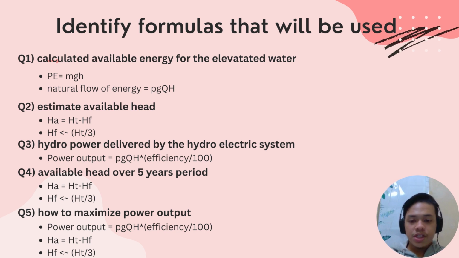So moving on to question 4. It wants us to find available head over a 5 year period if the height is decreased 1 meter per year. The formula that we will use is exactly the same as in question 2, which is HA equals HT minus HF, and HF is approximately lower than HT over 3.